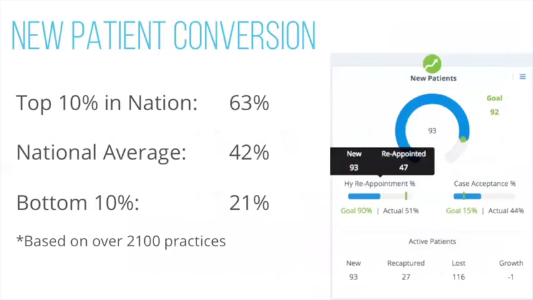Dental Intel did a study on about 2,000 practices, and what they saw was that the top 10% of practices in the nation were able to convert about 63% of those new patients into another appointment. That's great. The bottom 10% was about 21% of those new patients converted, and the national average was about 42%. I would say based on what we've seen in Inspired Hygiene, this is accurate data. So that's important for you to know, okay?